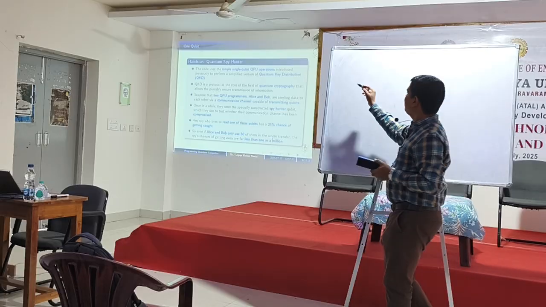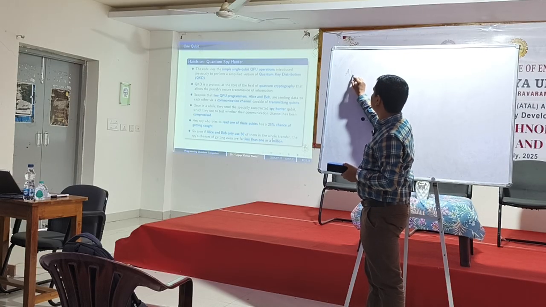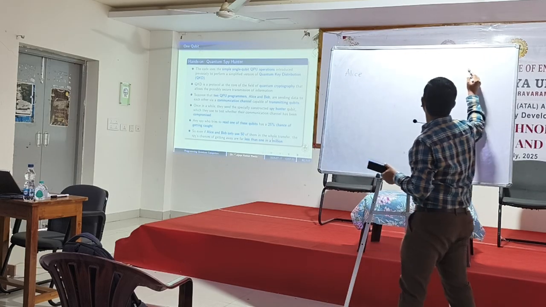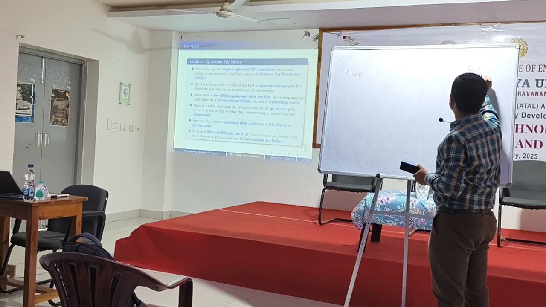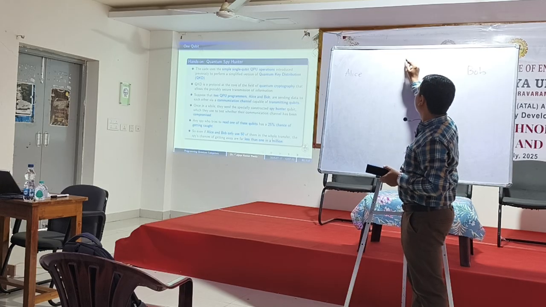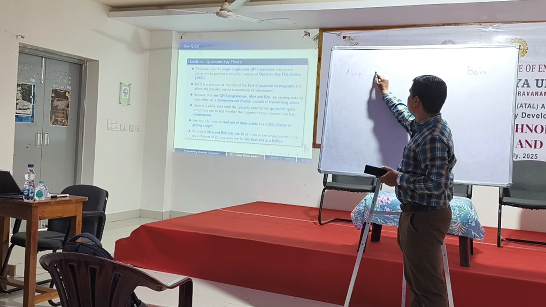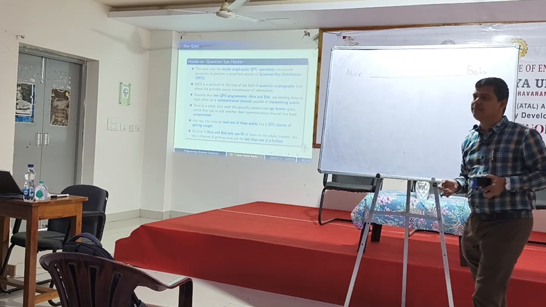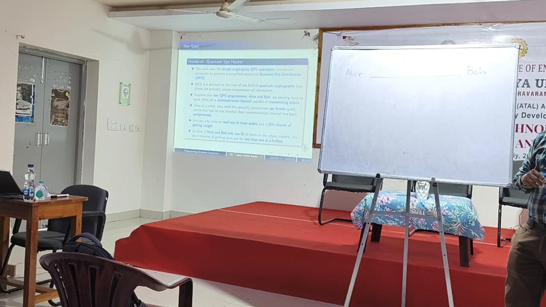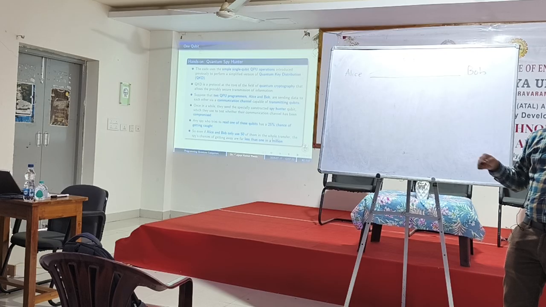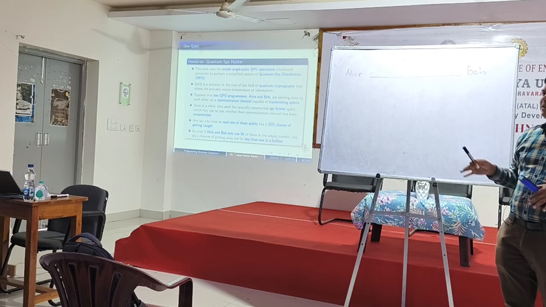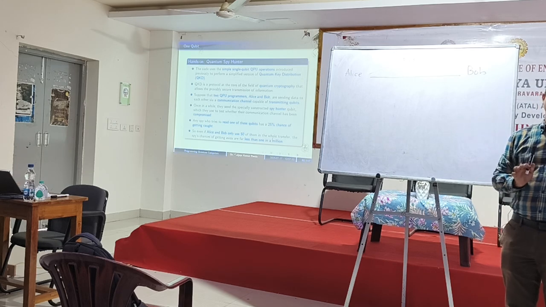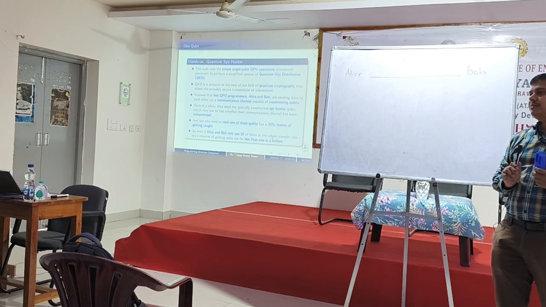Okay, one side Alice is there, another side Bob is there, and this person Eve is trying to interfere with the communication between Alice and Bob. Right, this we know in cryptography, right? So this program is made in such a manner that, okay, it is a long program, I am not going into detail about the program.